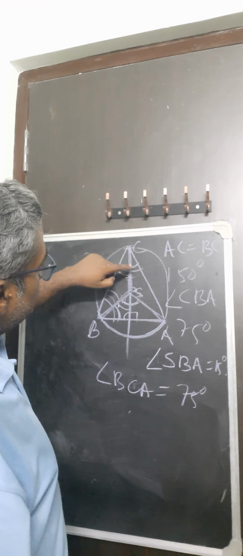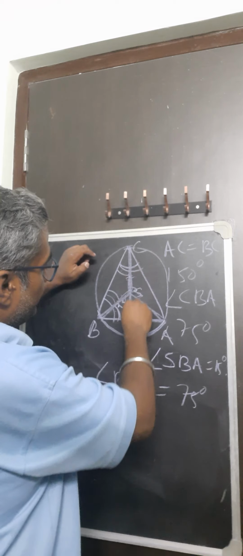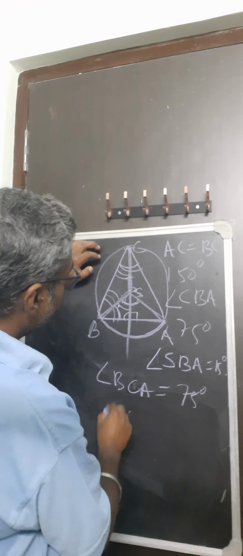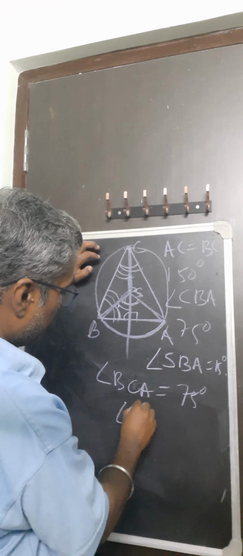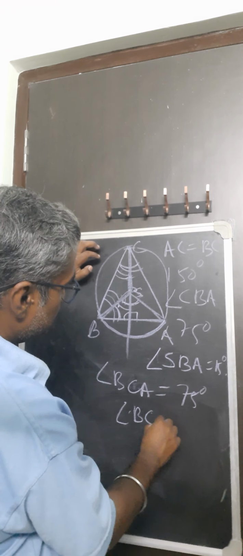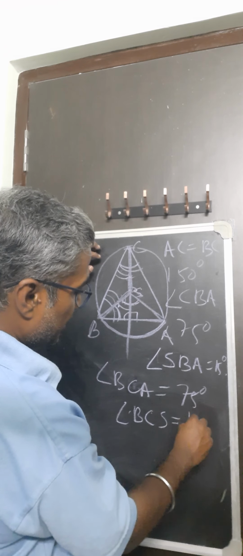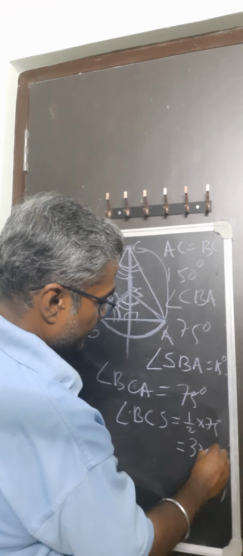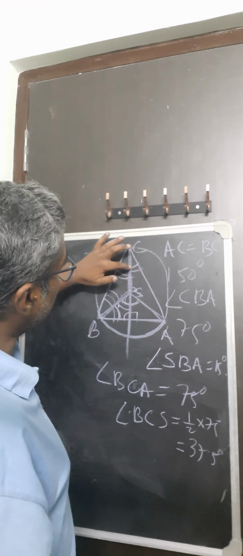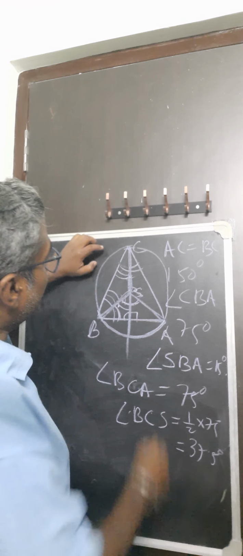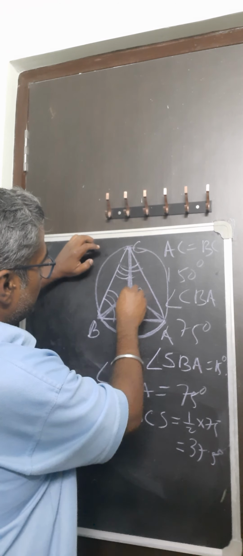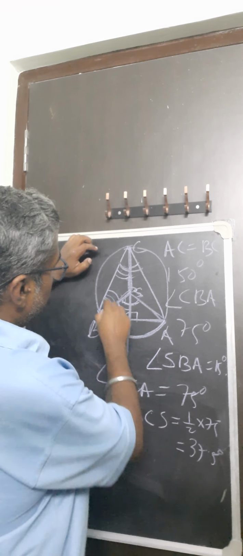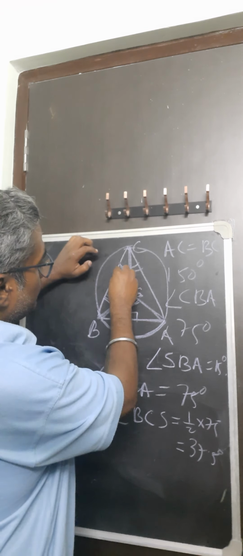Now as this vertical is dividing the angle equally, this half angle, that means angle BCS, must be half of 75, that means 37.5. So this angle must be 37.5, and as this side is equal to this side, this is again an isosceles triangle, so this angle must be equal to this.